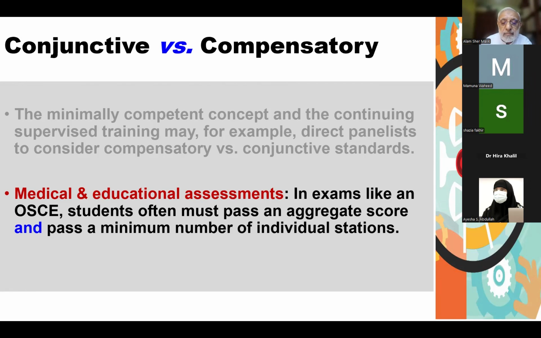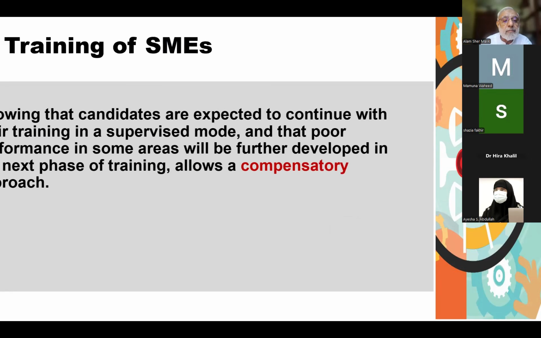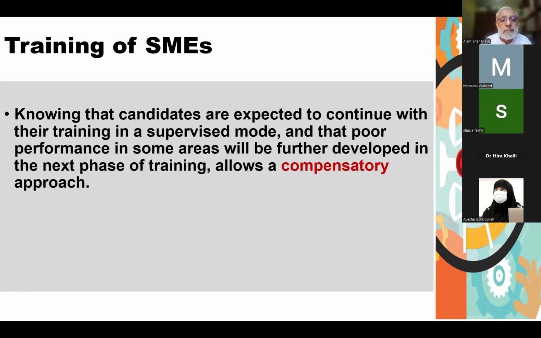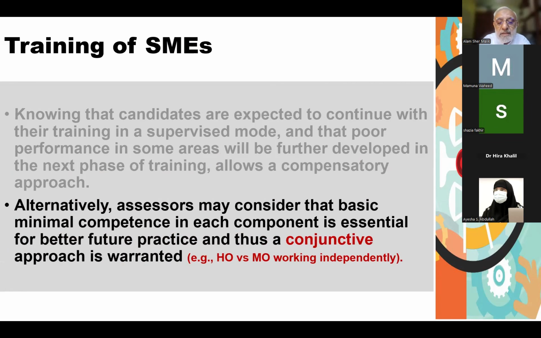On the other hand, if we talk about the conjunctive, let's say a house officer going to work as a medical officer, then obviously there would not be a compensatory approach, there would be a conjunctive approach, because after training in the house job, the graduate is going to be working as a medical officer and working independently.